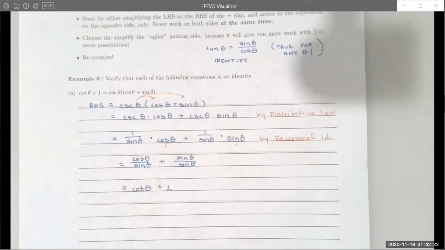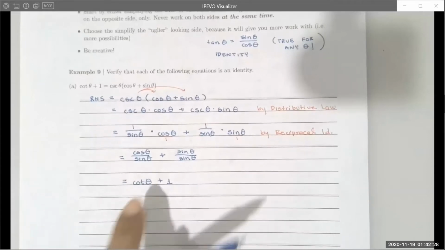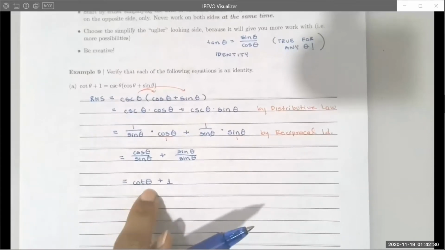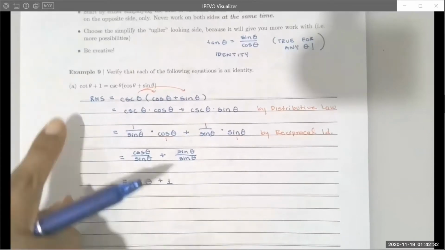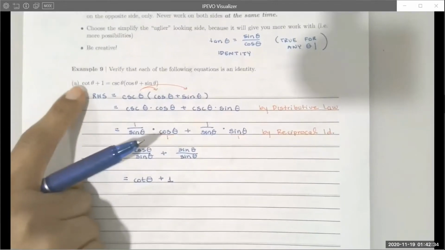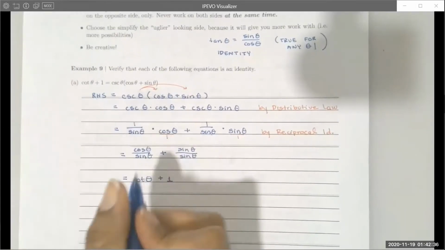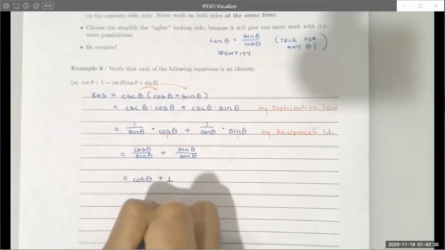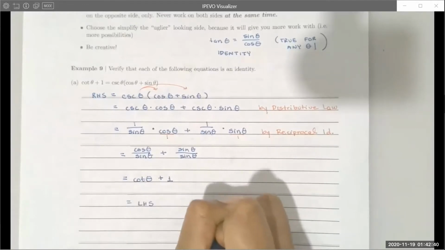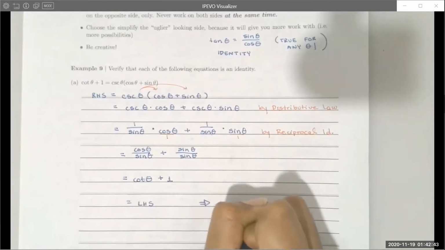Or if you like to think about it as cancels out, they divide out to 1. So we end up with the expression cotangent theta plus 1, which is precisely what our goal was. So this is equal to the left-hand side, which means that we have proven that this is an identity.